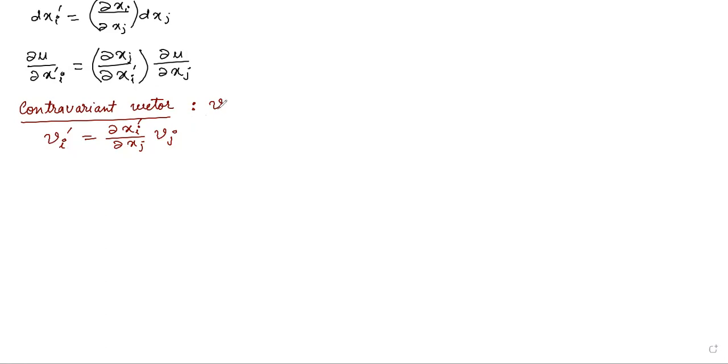That is, the components of the vector V transform according to the rule followed by the differentials of the coordinates. So this transformation and this transformation are the same. If the transformation equation of the components is the same as the transformation of the differentials of the coordinates, then we say the components V_i are components of a contravariant vector.